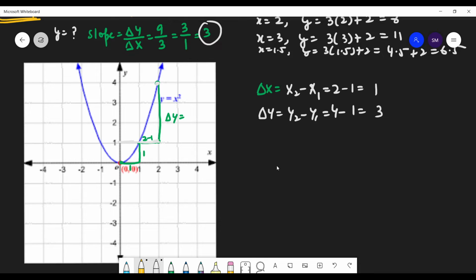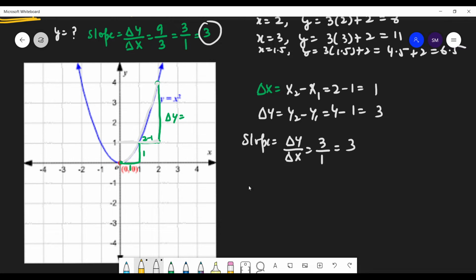So that's 3. So the slope here is delta y by delta x. So how much is the change in y-axis when there's a change in x-axis of 1? So slope is 3. So you can see that here the slope is 3 and here the slope is 1.